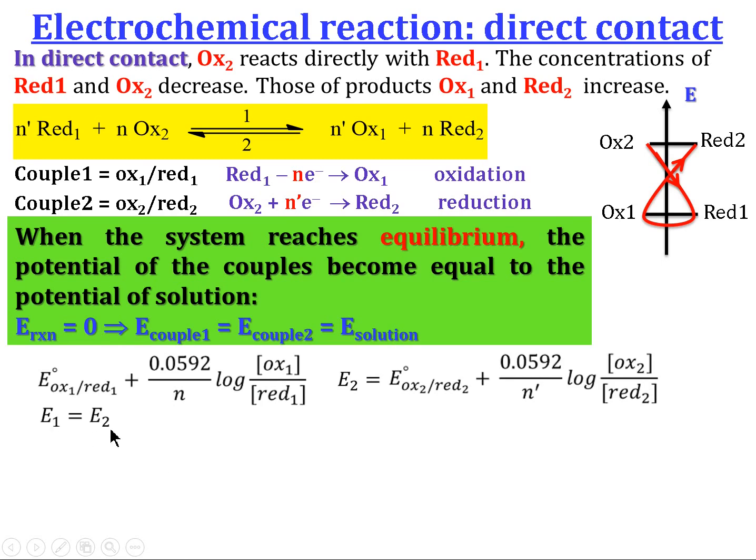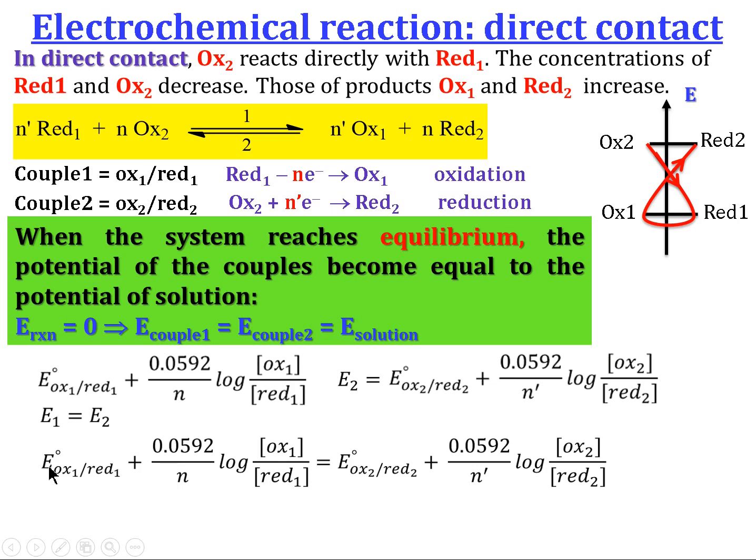So E1 equals E2. Therefore, E0 Ox1/Red1 plus 0.0592 divided by n log Ox1 at equilibrium divided by Red1 at equilibrium equals E0 Ox2/Red2 plus 0.0592 divided by n' log concentration Ox2 at equilibrium divided by Red2 at equilibrium.